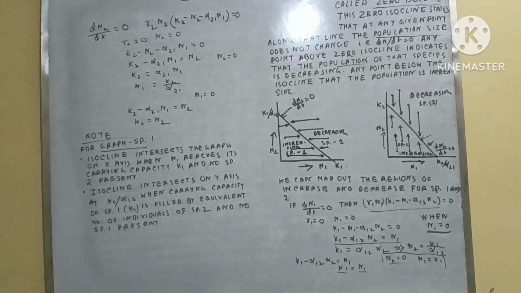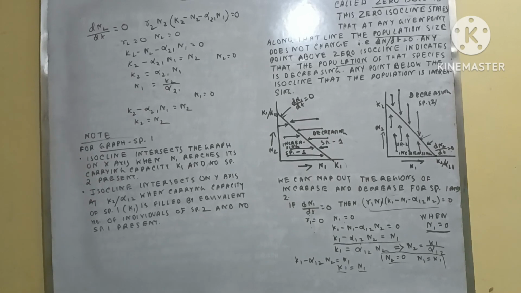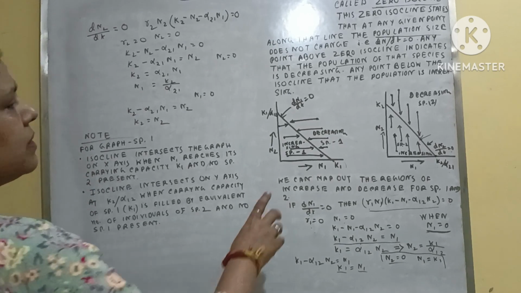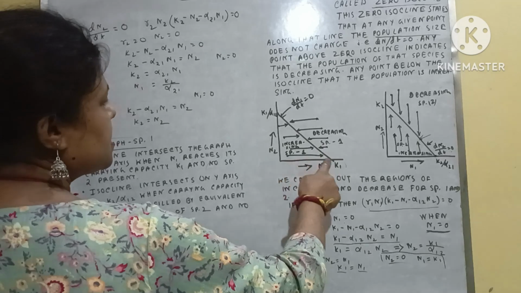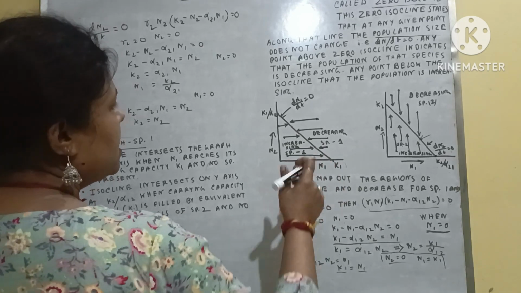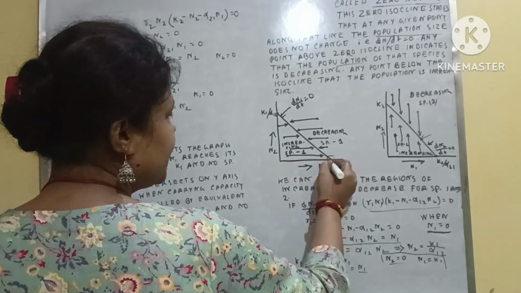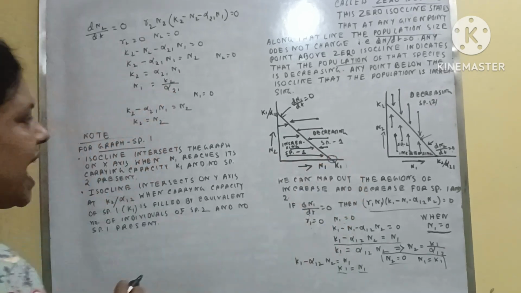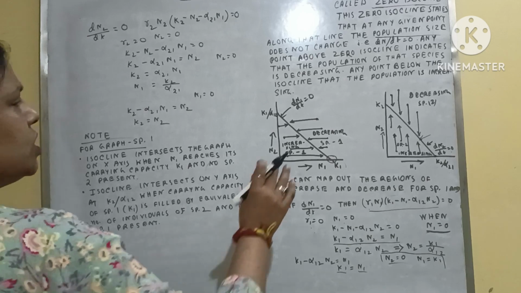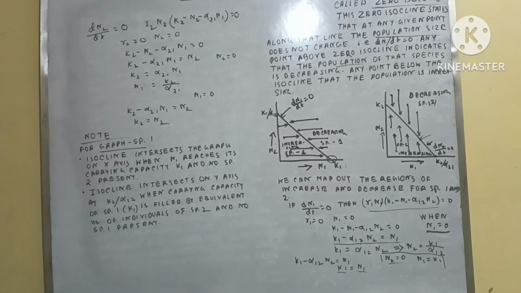okay, the note is that in the first graph, the isocline intersects the x-axis where the carrying capacity is K1, and here no species 2 is present.